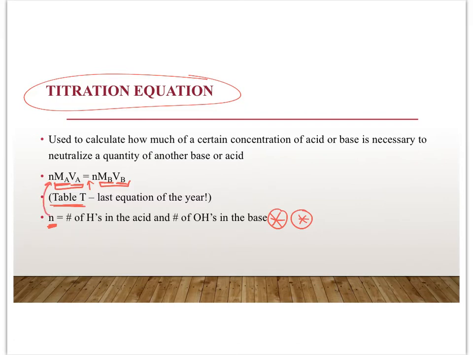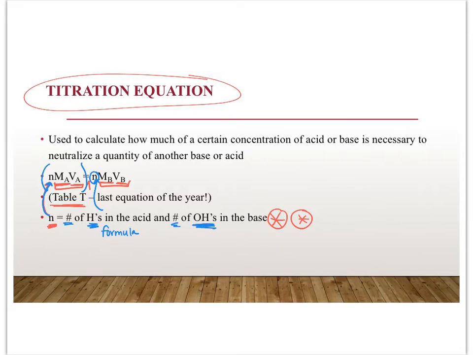The N that I have added on each side of this equation is important. The N on the acid side of the equation refers to the number of hydrogens that are in the formula. So you just have to look at the formula for the acid. And on the base side, the N refers to the number of hydroxides in the formula of the base.